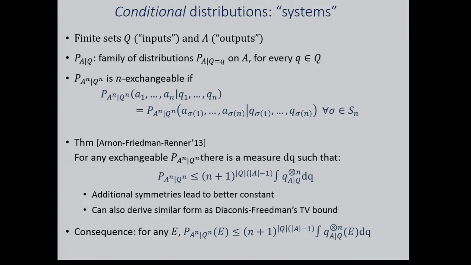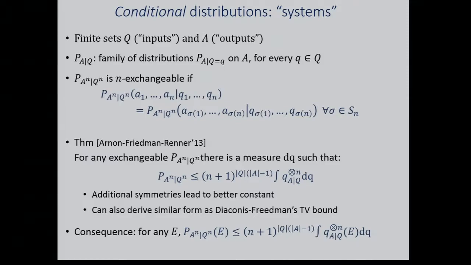So one way to parse this is to say that for any event E, and you can fix inputs here, the probability that this exchangeable distribution assigns to the event E is at most a prefactor, think of this as being a constant, times the probability that the IID distribution would assign to the same event.